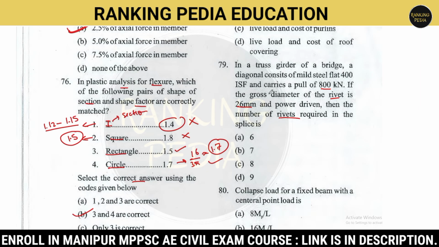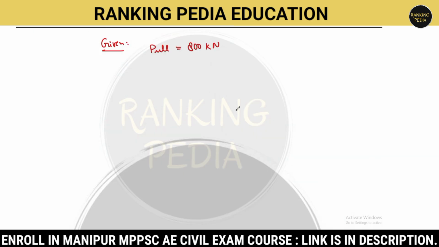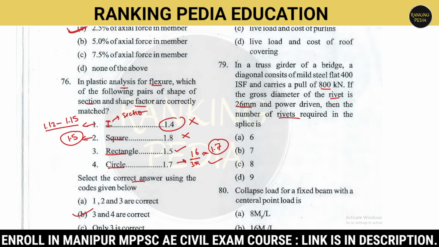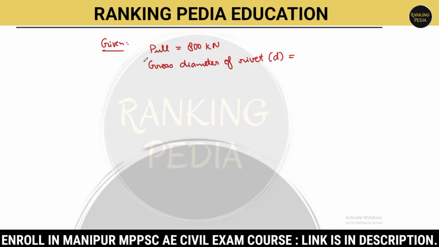Next, the gross diameter of rivet, denoted by small d, equals 26 mm.